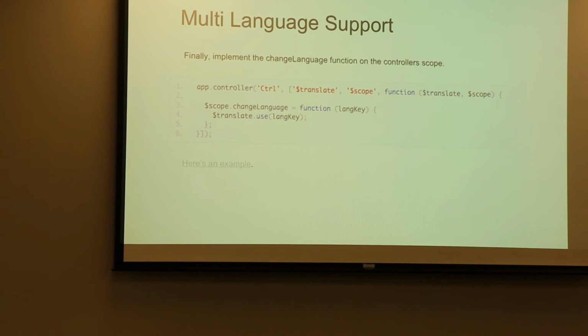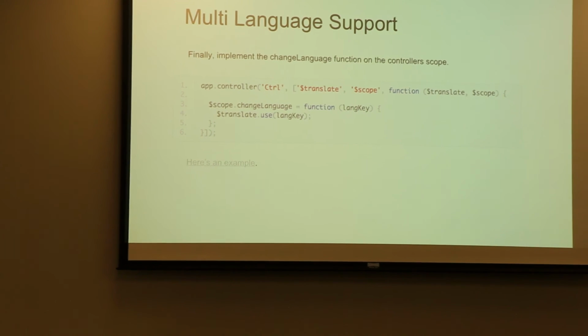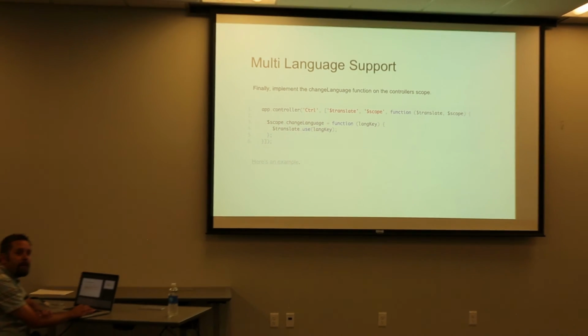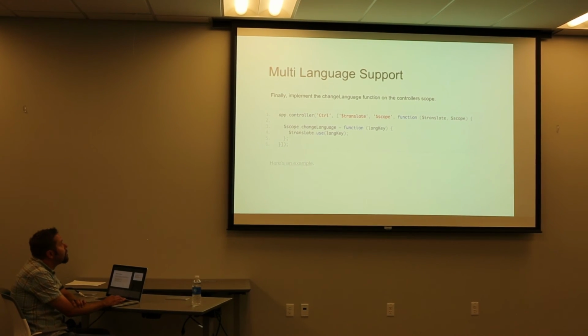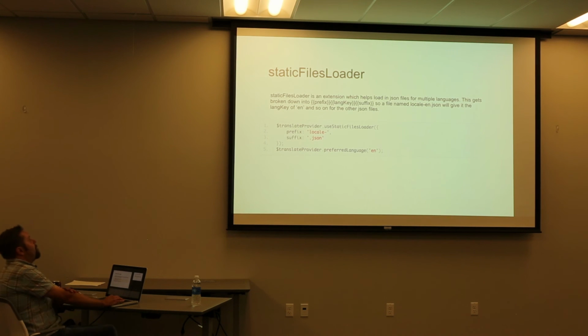Do you load all the dictionaries on every page load? Yeah. So another thing, probably the best way, as the example I showed had all the strings in the JSON file in there. This here is a static files loader, and with this you could actually pull in multiple JSON files.